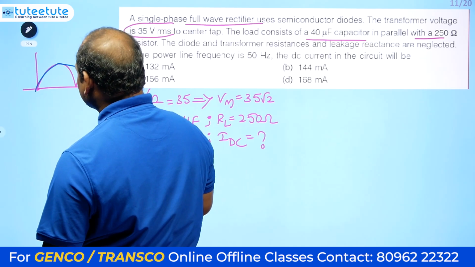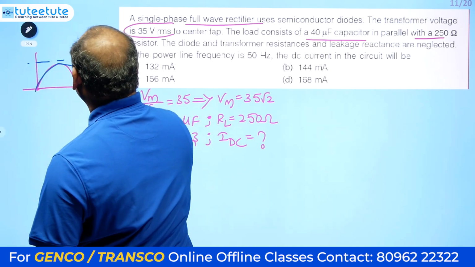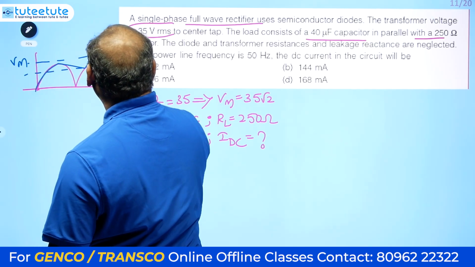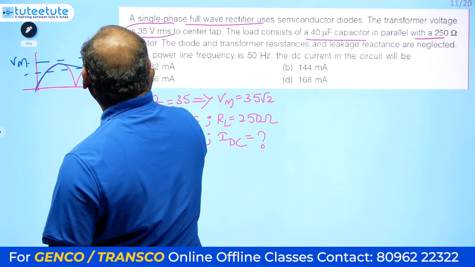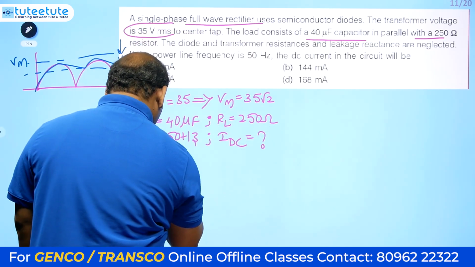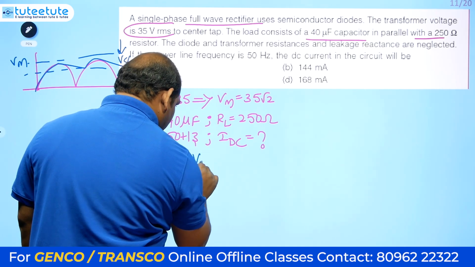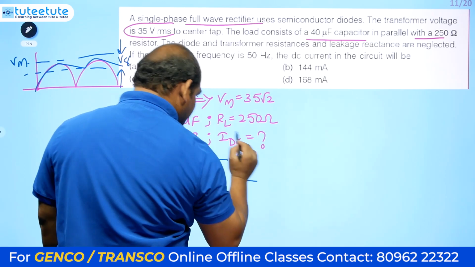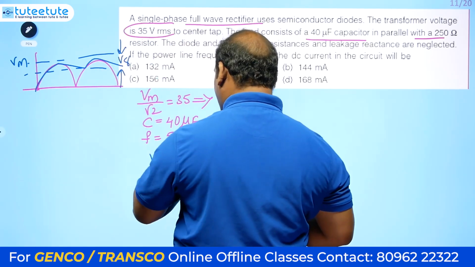That is what we need to take into account. So this is Vm. This AC input will be available for V gamma. This is the variation. So from this, VDC is equal to the peak voltage minus V gamma by 2. From this we can write this one.